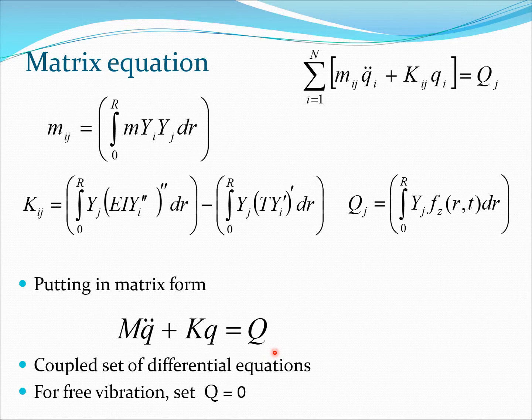So the fact that we took the series solution has essentially truncated the degrees of freedom of the system. Now there are qi, i is 1 to n, degrees of freedom for this system. Now this is typically a coupled set of differential equations, and today we are only interested in free vibration, so we are going to set Q equal to 0, because remember, free vibration means no forcing.